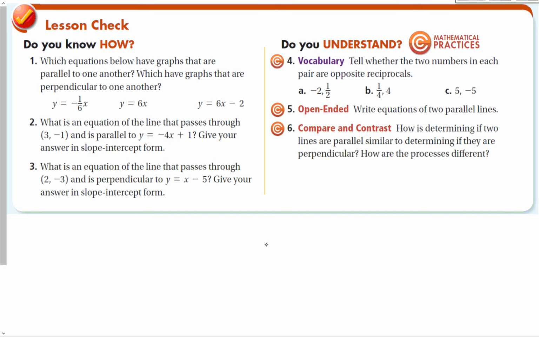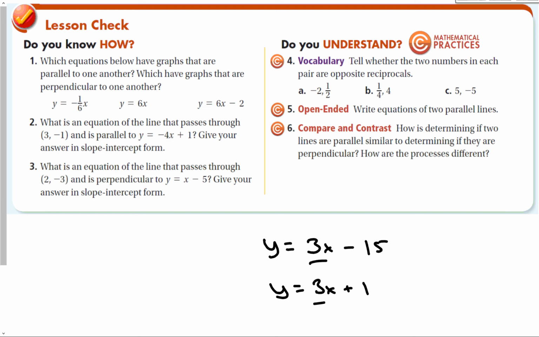As long as the slopes are exactly the same, the intercepts can be whatever you want them to be. And of course, we can change these and make them more complicated. We can change this to standard form. We can change it to point-slope form.